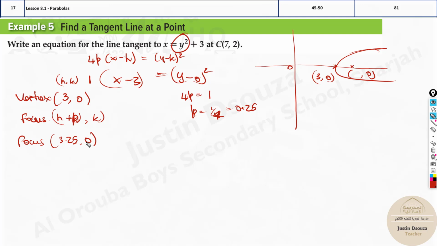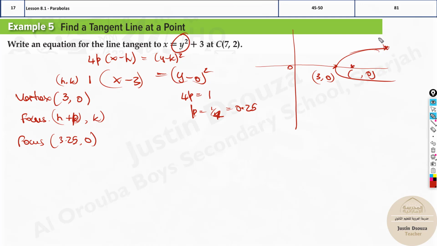So this is the focus. Now we got the vertex, we got the focus. What next? So this is done. Let's look where (7, 2) is. (7, 2) is the point given to us, right? The tangent point. So here, this is 3, this is 4, and this is 0. So 2 means up, and 7.